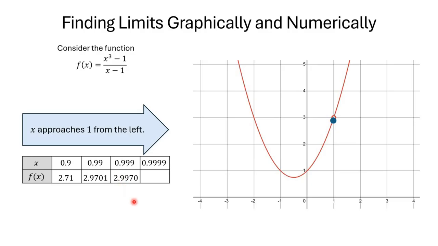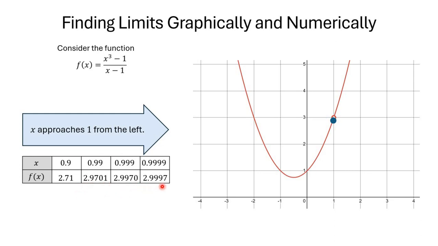So let's plug in one more number. Let's plug in 0.9999, and when you plug that into the function, we get 2.9997, which is even closer to 3 than 2.9970, and is closer to 2.9970 than 2.9970 is to 2.9701.